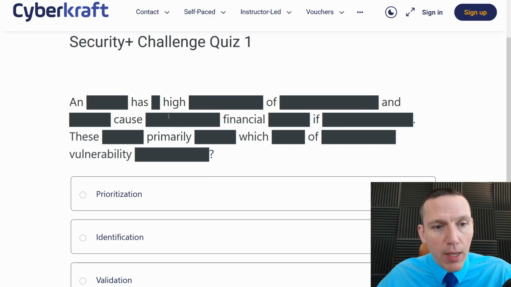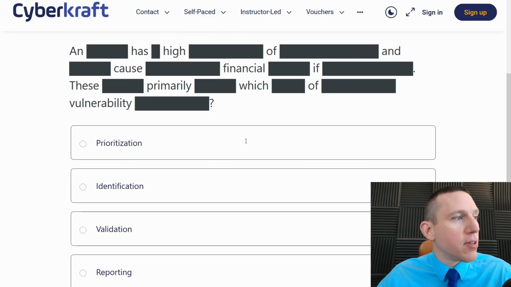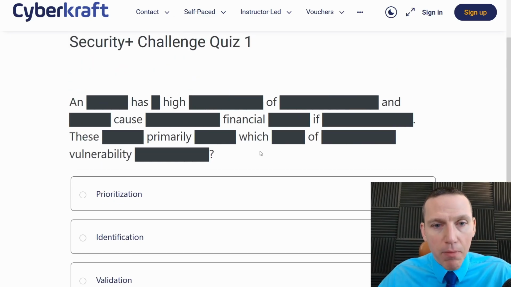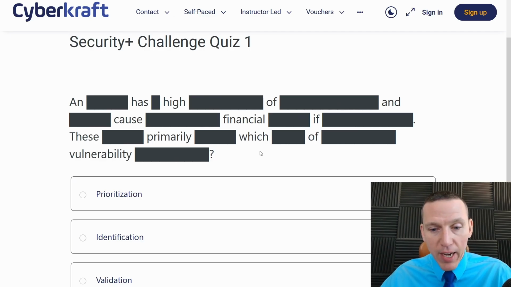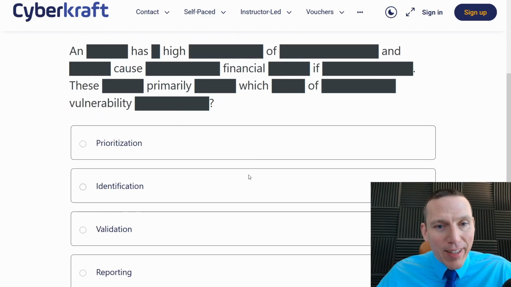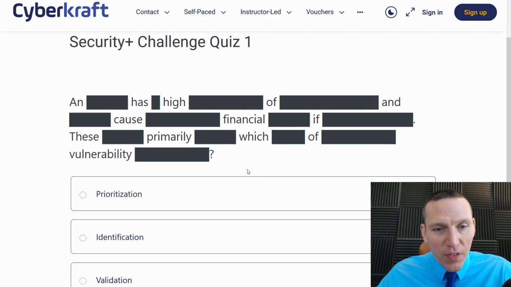Okay. A blank has a high blank of blank, and blank cause, blank financial, blank if blank, these primary, of which is vulnerability blank. All right. Okay. Are we filling in a blank?